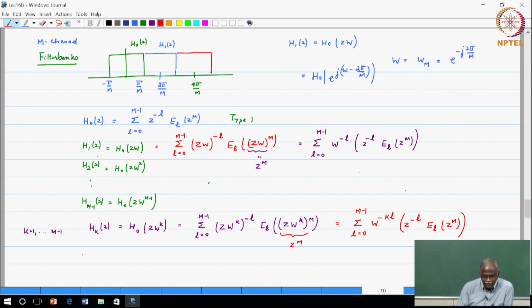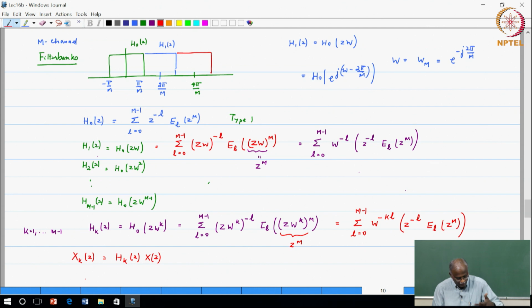So, if the input is X of Z and the output of H_k of Z, let us say that I call it X_k of Z. X_k of Z is H_k of Z times X of Z. So, basically it would be this expression multiplied by X of Z. Now, if you go back and review your basic DSP principles of when we write an input output relationship in terms of a transfer function, and carefully look at this structure that we have obtained, what you will find is that H0 through H_(M minus 1), there are M such outputs.